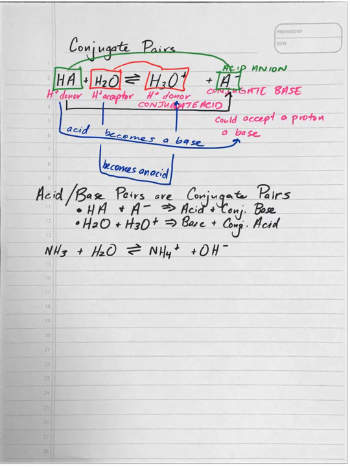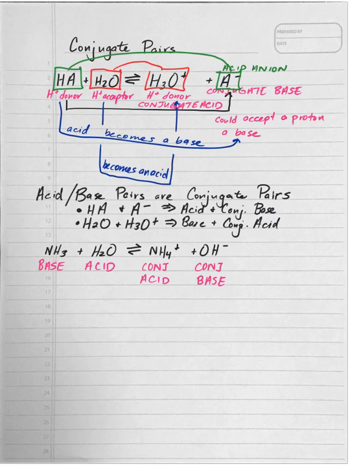Okay, let's see how you did. In this reaction, water is acting as the acid. It's the thing that donates a proton to the ammonia. So ammonia is the base, and the conjugate acid that forms is the ammonium NH4 plus ion, and the conjugate base is the OH minus ion.